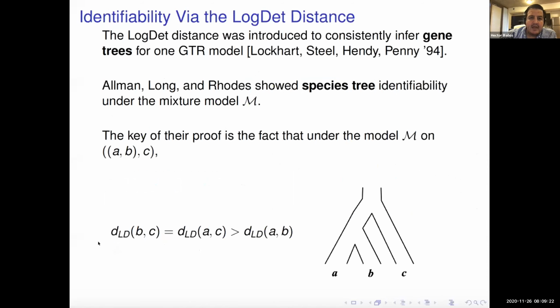Okay, so the LogDet distance was introduced to consistently infer gene trees for one GTR model. This was done by Lockhart, Steel, Hendy and Penny in '94.